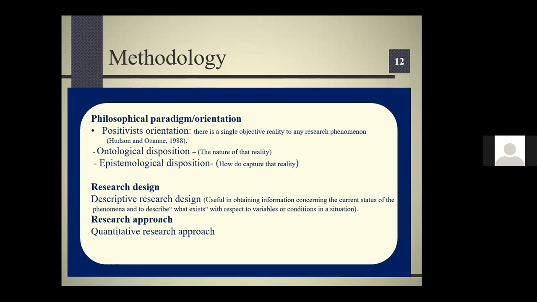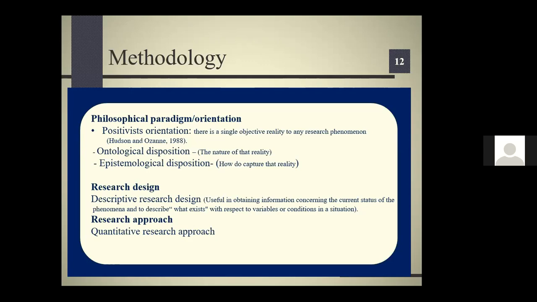And of course, the epistemological disposition is really about how do we capture that reality that the positivists claim exists out there. So how do we capture it? So in this study, we intend to use scientific methods to test these hypotheses that are highlighted in the previous slide.